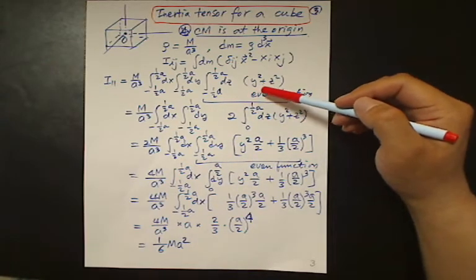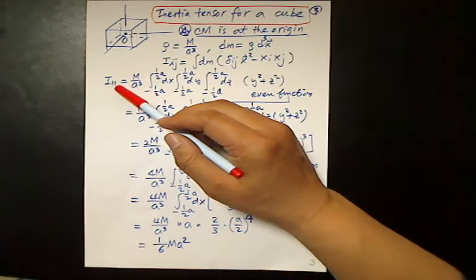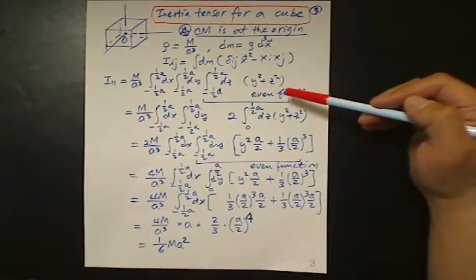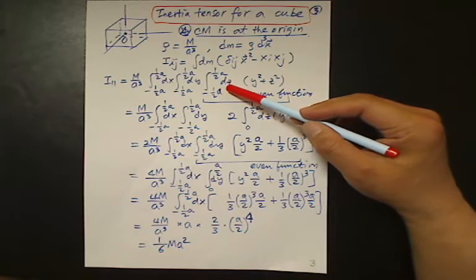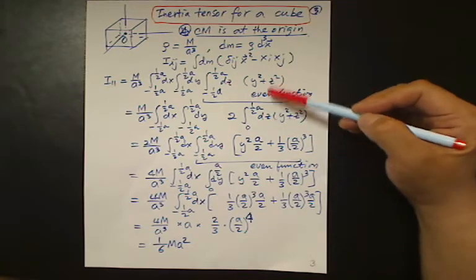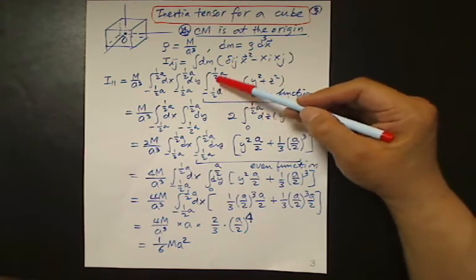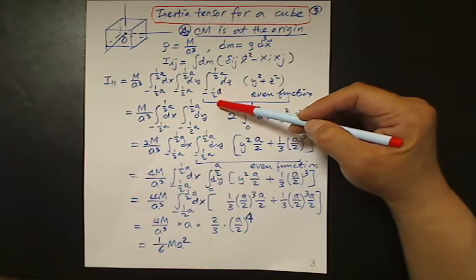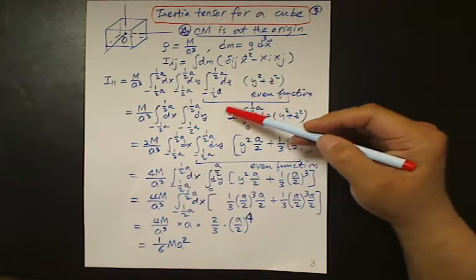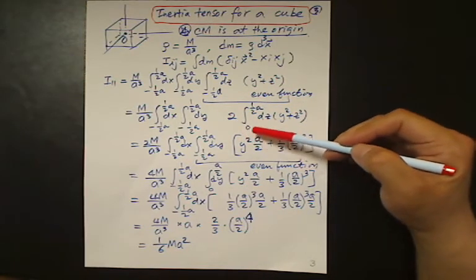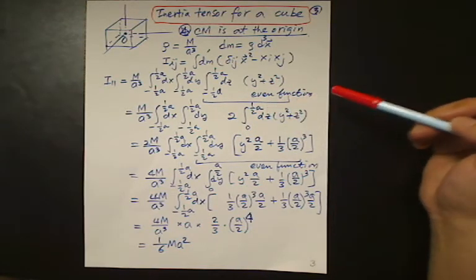We have an integrand y squared plus z squared for the 1,1 element. We find that this is an even function of z. The integral over z will be from minus 1/2 a to plus 1/2 a of an even function, so twice the integral from 0 to 1/2 a.